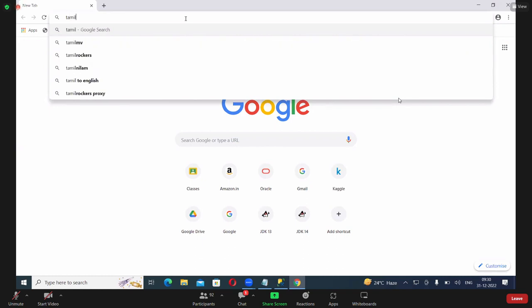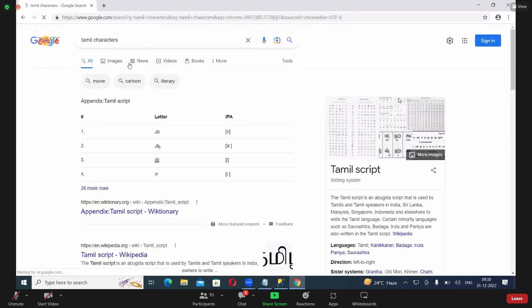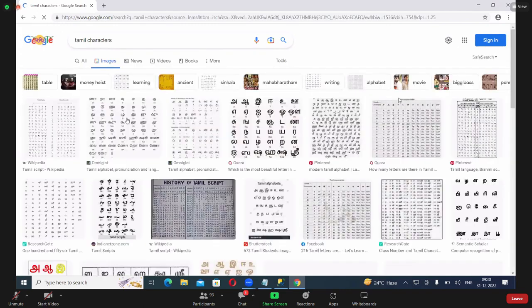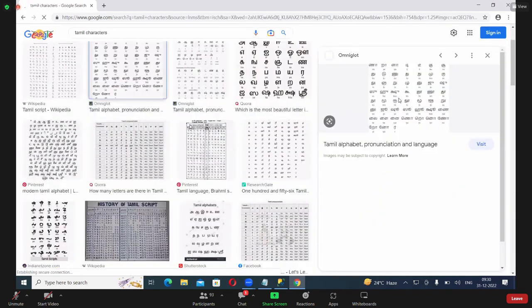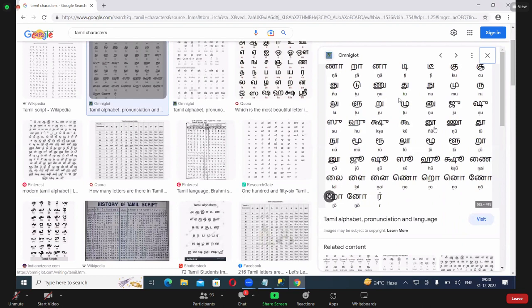So, for example, what is this? This is cipher for me, because I can't understand these characters.